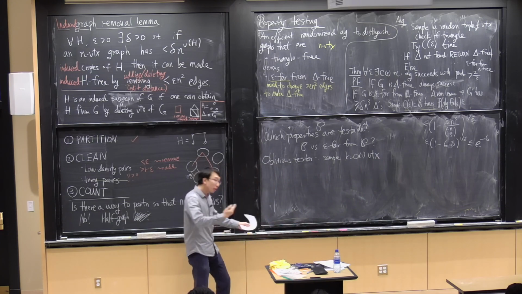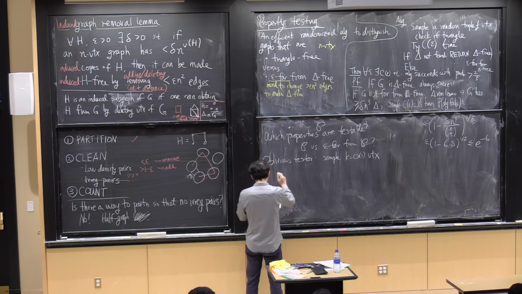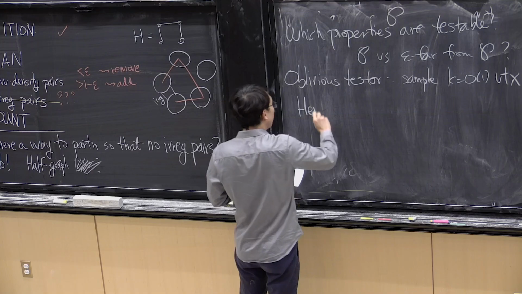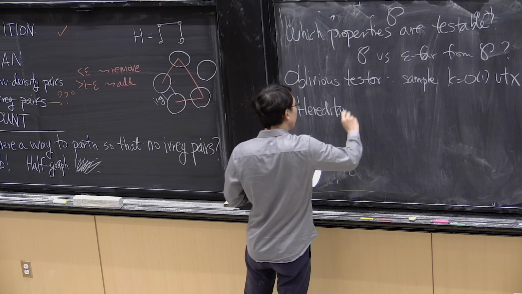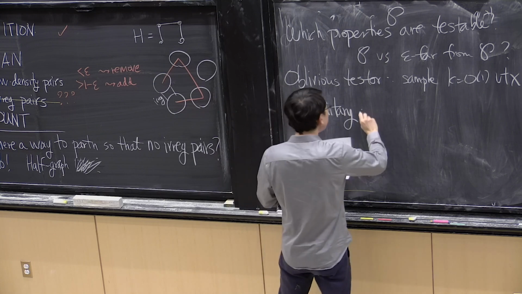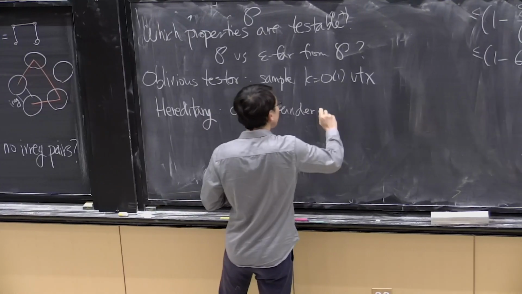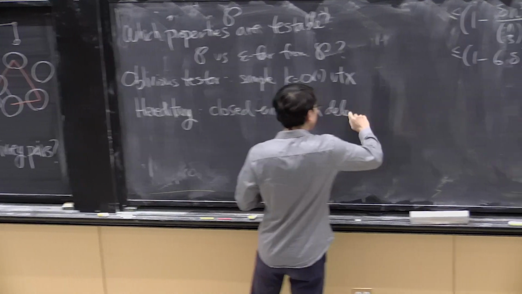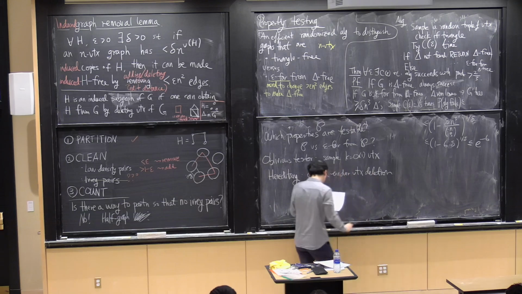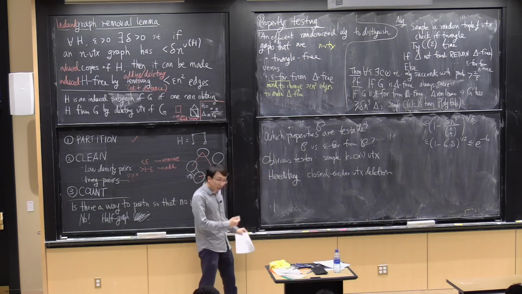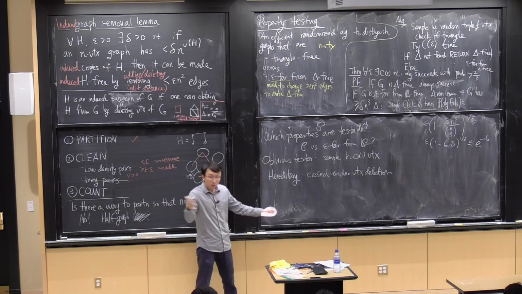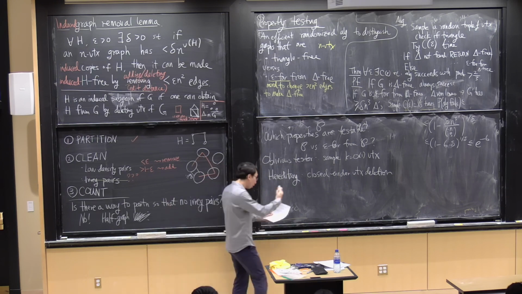Okay, so there's a class of properties called hereditary. Hereditary properties are properties that are closed under vertex deletion. Lots of properties that you've seen are of this form.